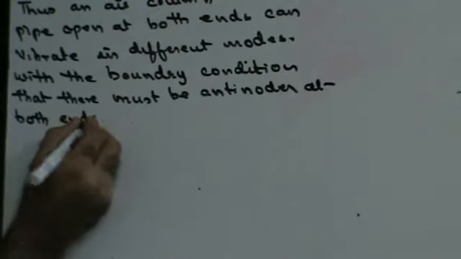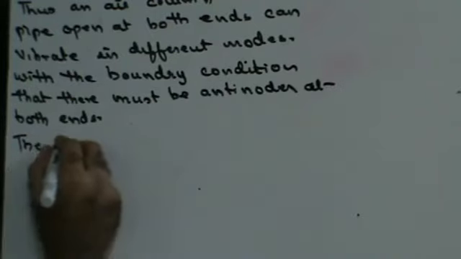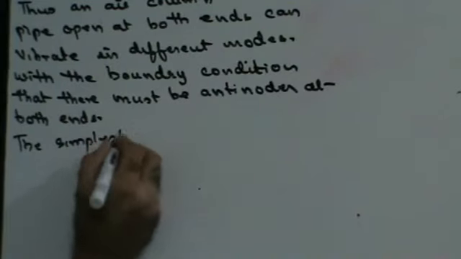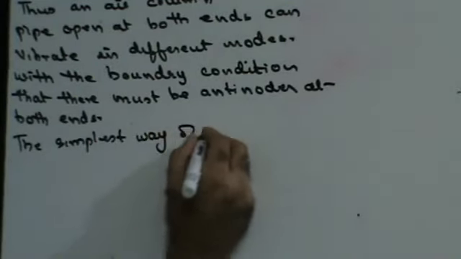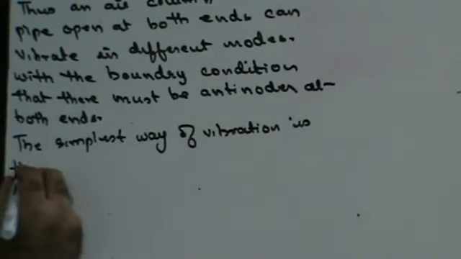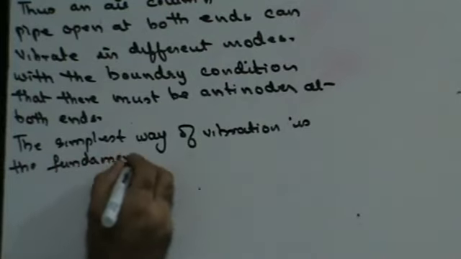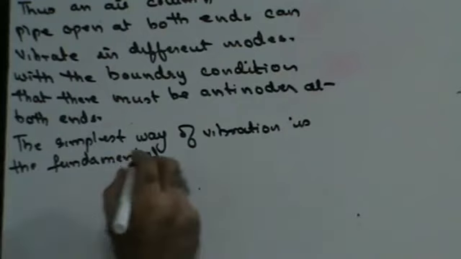Since both ends are free, air would have maximum space to move, and therefore there would be antinodes at both ends. So the air column in a pipe can vibrate in different modes. The simplest way of vibration is the fundamental mode.